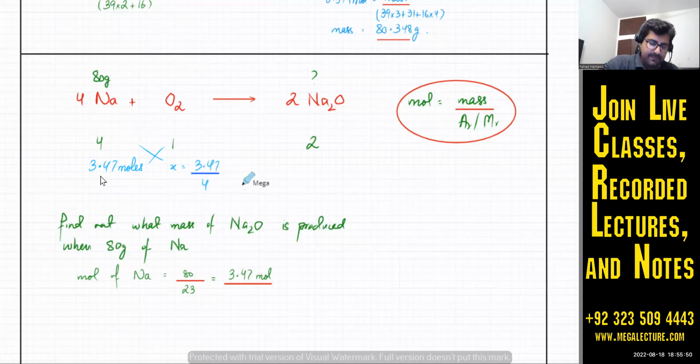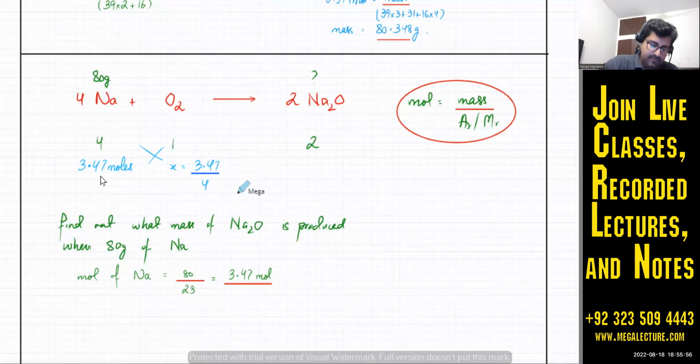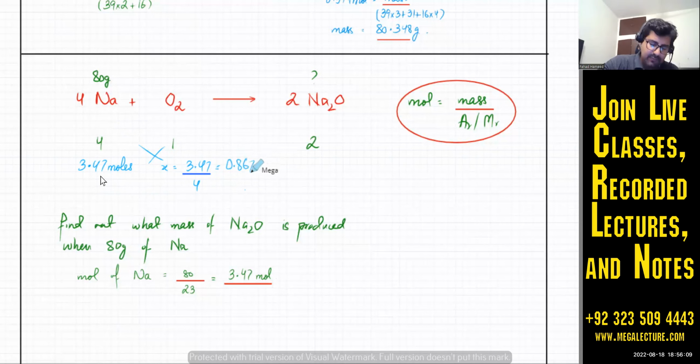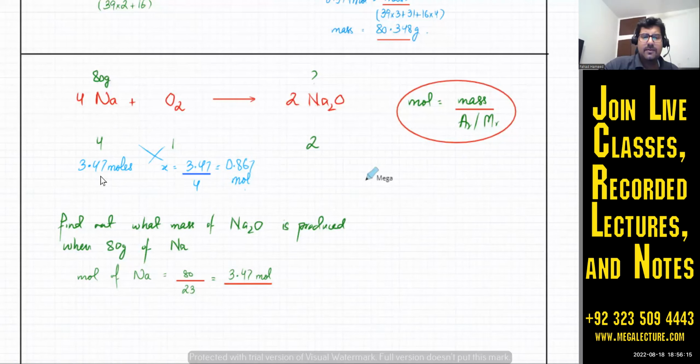What do we get for that? 0.869. So ये जो number है 0.869 moles. ठीक है, that is what you're going to get. 867. अच्छा 867 moles. ठीक है, so you found the moles 8.867.